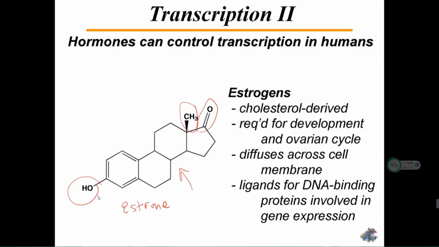These DNA binding proteins for the estrogens are the soluble receptor proteins found in the nucleus, or more specifically, the estrogen receptor.